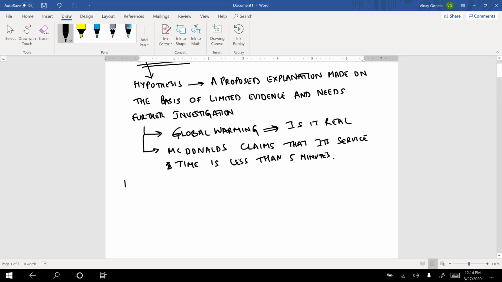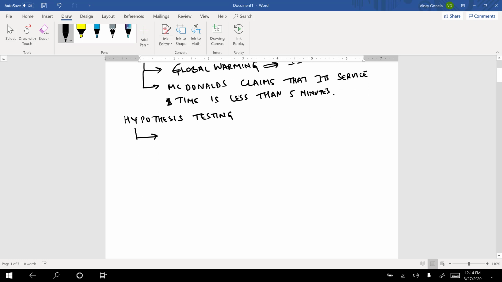So in hypothesis testing, we have several steps on how to do it. I will discuss those steps here. So the first step of hypothesis testing is to define your hypothesis. This is done as H null, which is called the null hypothesis.